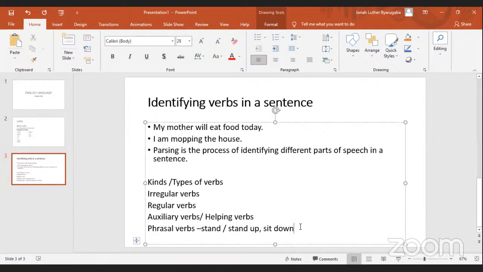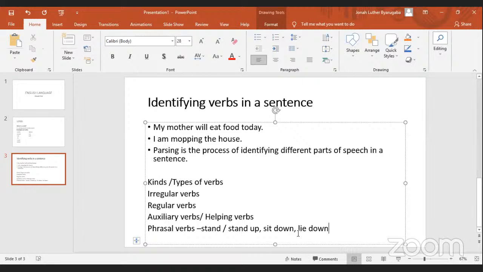Is there anyone who wants to tell us one other phrasal verb they know? Someone can tell you lie down. You see that? So basically here we get a verb and we add there a preposition, so it becomes a phrasal verb.